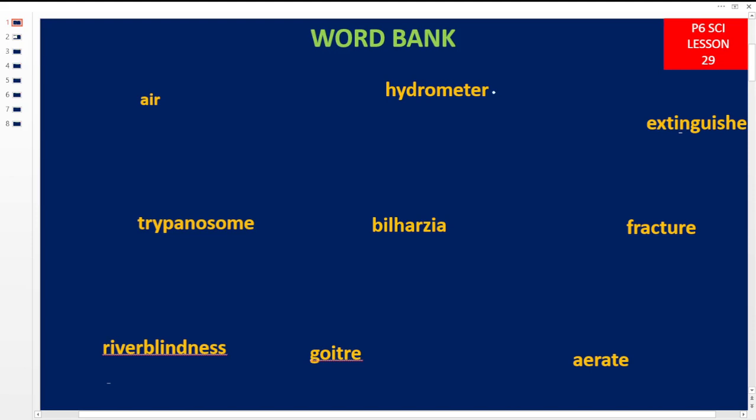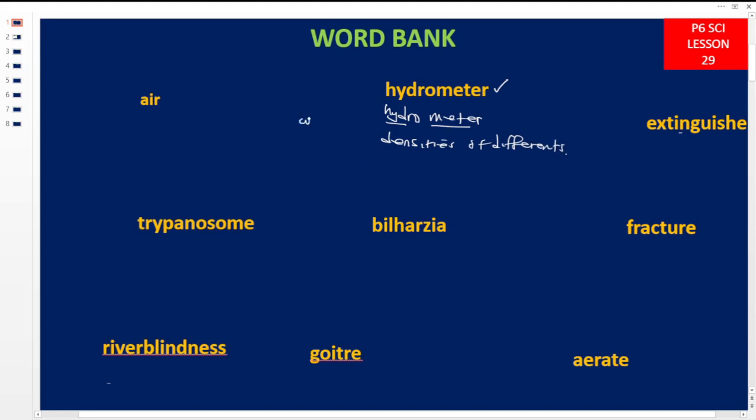So we are going to start with our first word here. What is this word over there? Yes, you've pronounced it right. This is what we call hydrometer. A hydrometer is an instrument which we use to measure densities of different liquids.